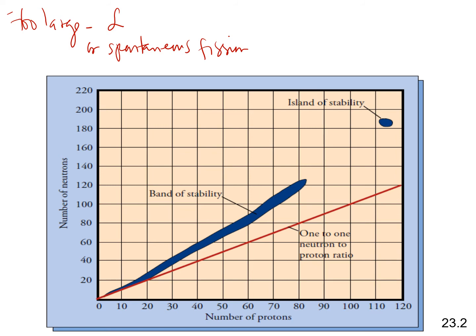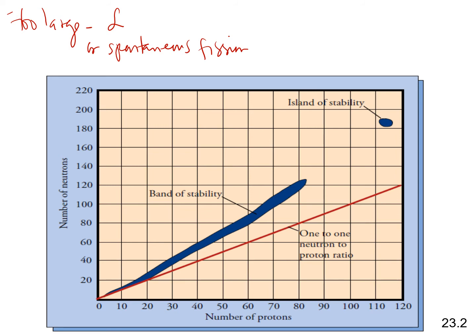There are around 264 stable nuclides found in nature, and the given graph here shows the neutron to proton ratios of these stable nuclides. Collectively, the nuclides fall within what is known as the band of stability.